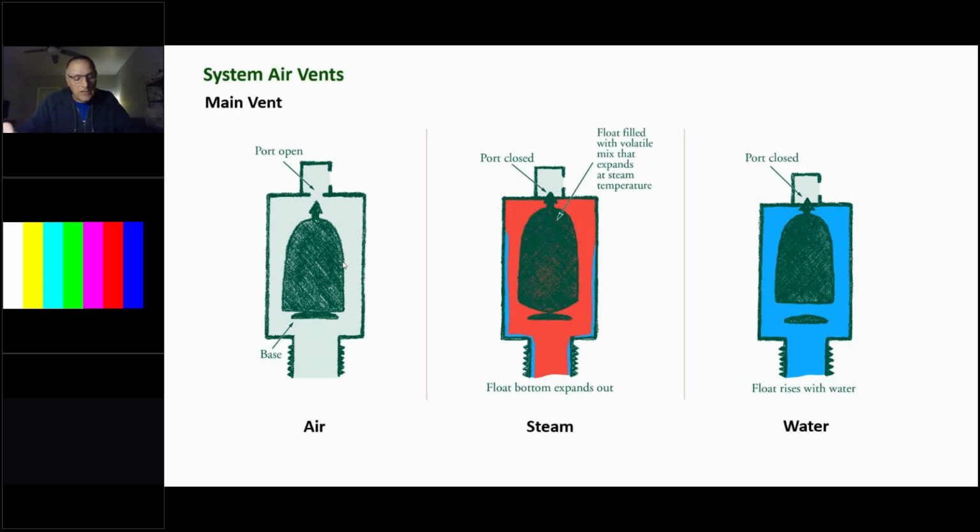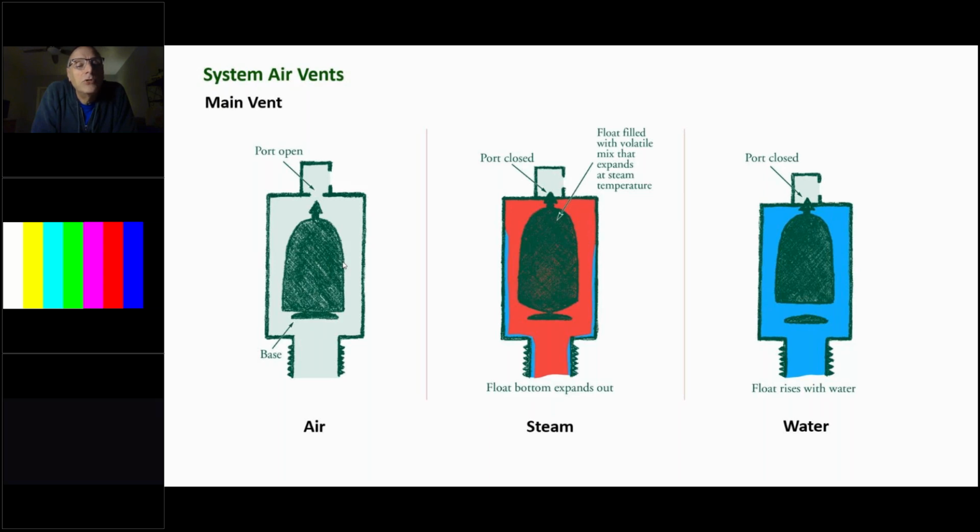This is the main steam vent that you would find at the end of the main, usually a Hoffman number 75. There are some vents out there called Gorton, like the Gorton fisherman.